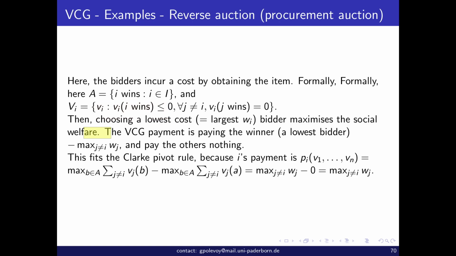The VCG payment is paying the winner. Actually, you can see this as a particular case of the second price auction. Paying the winner, you simply pay the minus of the maximum cost.